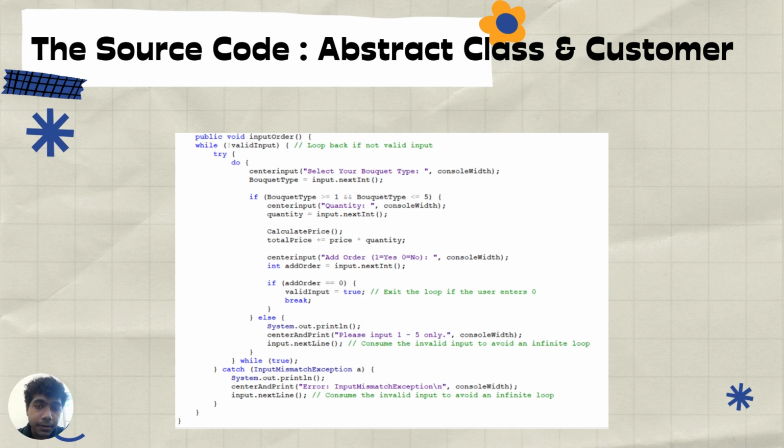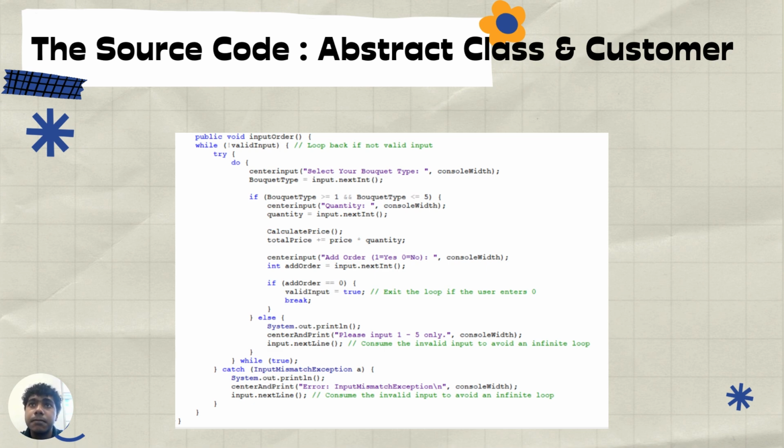Back in the first part of the class Customer, we have already declared valid input as false. So now it is trying to check if the valid input returns true. It will loop back if the valid input is false, but it will stop the loop when valid input is true. In the while loop, there's a try and catch exception block.